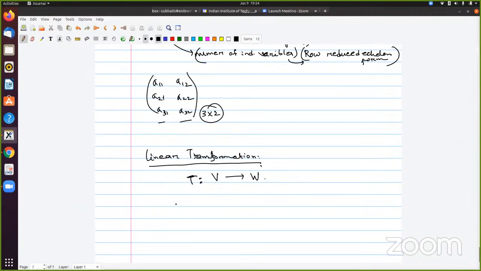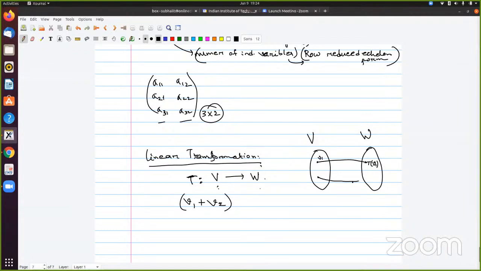So there are two properties which have to hold. Basically, you are taking some element from V, you are getting some element in W. Both of these are vector spaces. Now, on both sides, we have some addition and scalar multiplication. So T has to respect that. Whenever I have two elements V1 and V2, suppose this is my V, this is my W. V1 goes somewhere here, this is T V1.